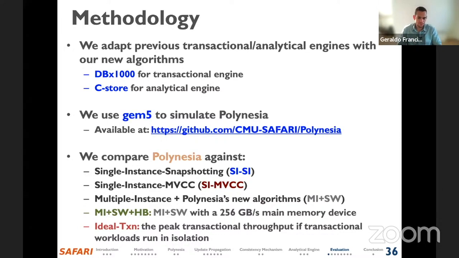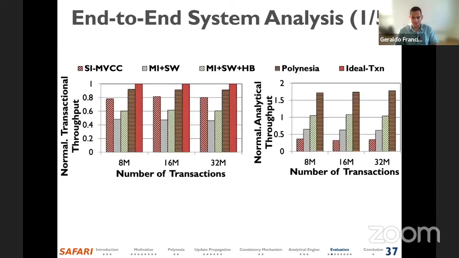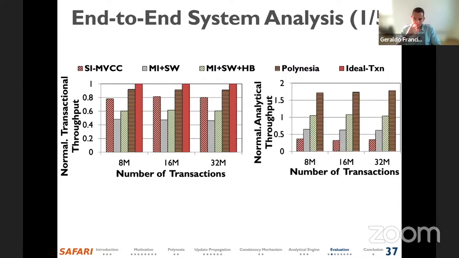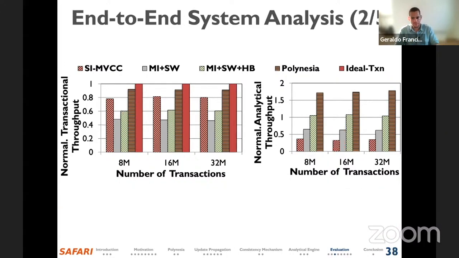We evaluated transactional and analytical throughput for different numbers of transactions, normalized to the ideal transactional system. We make the following observations. First, the single instance with MVCC system is the best baseline for transactional throughput, but it degrades analytical throughput by 63.2% due to a lack of workload-specific optimizations and an efficient consistency mechanism.